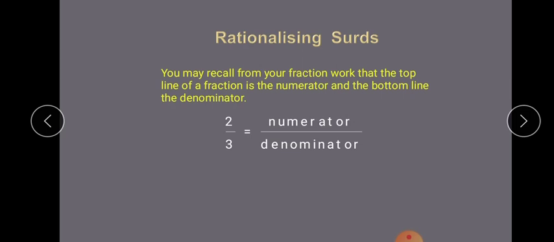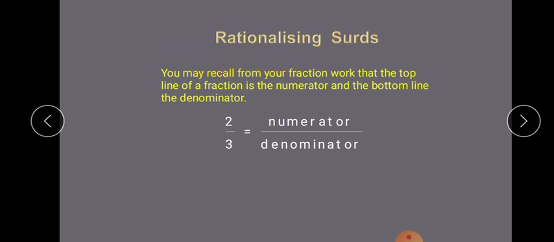Now let us come to a very important topic in which we are going to learn and solve a lot of problems: rationalizing surds. What do you understand by the word rationalizing? Rationalizing means converting from irrational to rational.